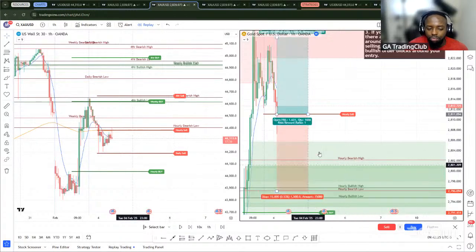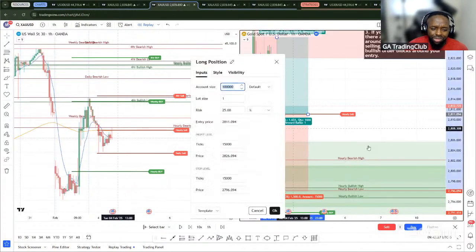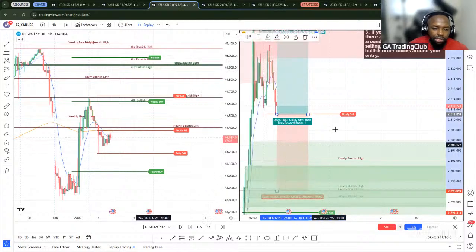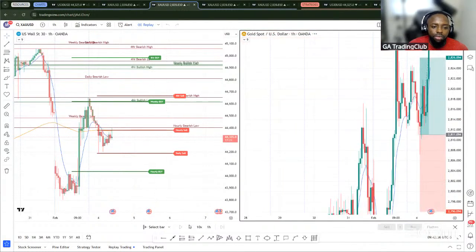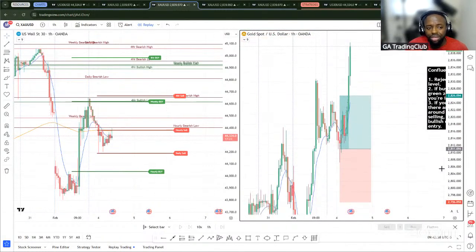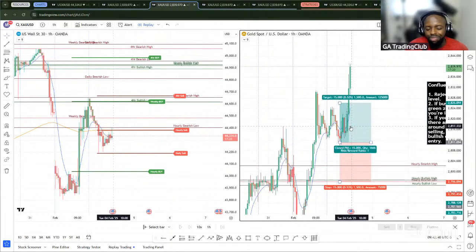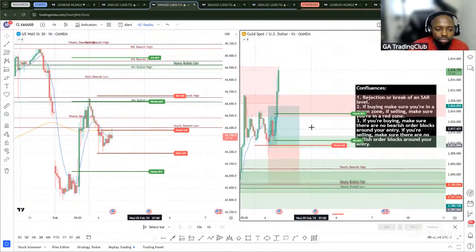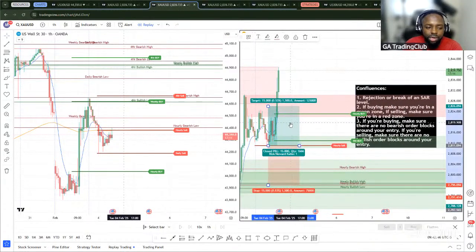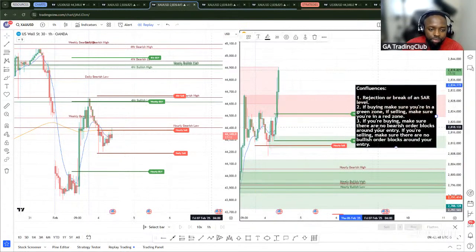Either you can put it below this hourly bearish high. I'd marked it up with a $15 stop loss and $15 TP. And then this trade would have hit full TP. However, I wouldn't have taken that trade ideally because the entry was literally under the demand zone. But anyway, this was a nice trade that happened this morning for gold.